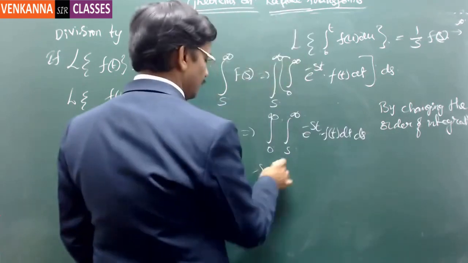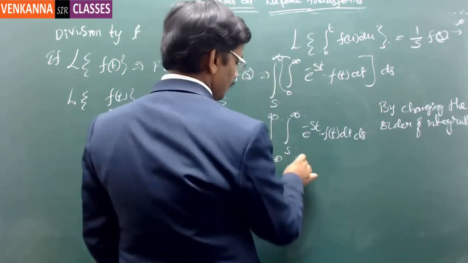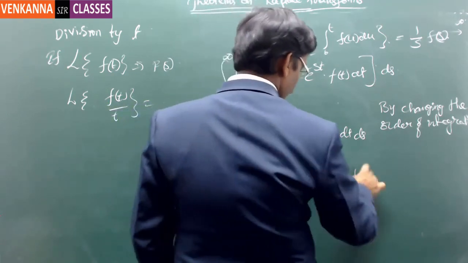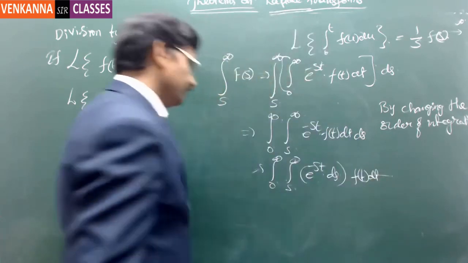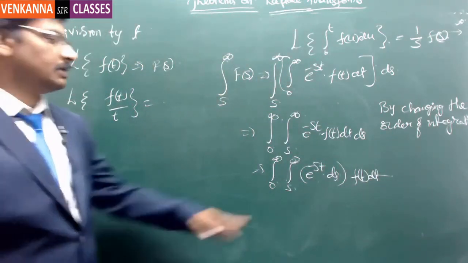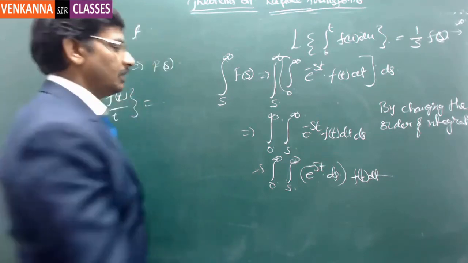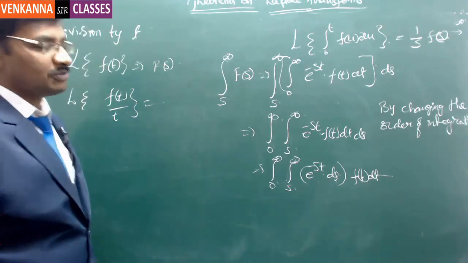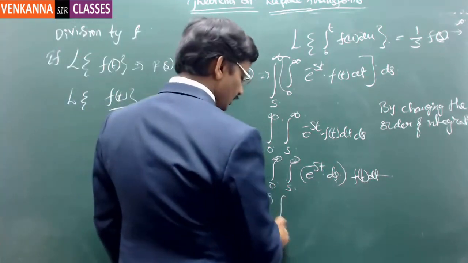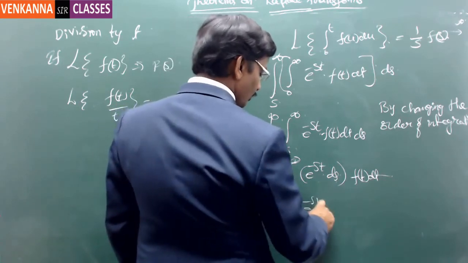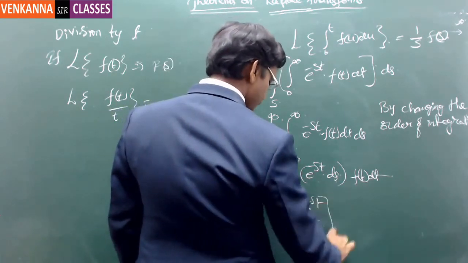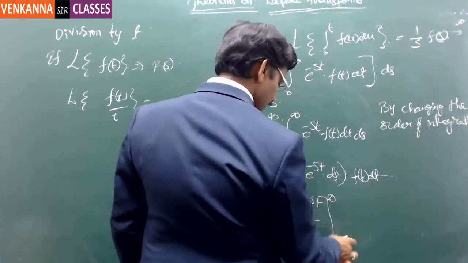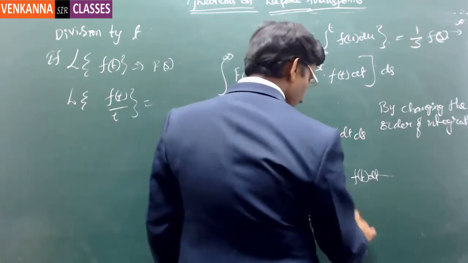Now this is integral 0 to infinity, integral s to infinity e power minus st ds, into f of t dt. This is how you can put it. These are the s limits. Got it? Now here, e power minus st, integrating with respect to s, gives integral 0 to infinity of e power minus st divided by minus t, the upper limit being infinity and lower limit s, into f of t dt.